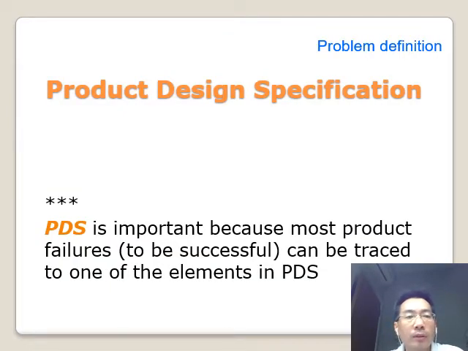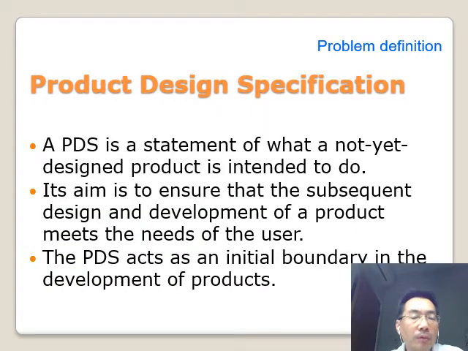Okay, first one, product design specification, in short form PDS. PDS is important because most product failures can be traced to one of the elements in the PDS. A product design specification is a statement of what a not yet designed product is intended to do.